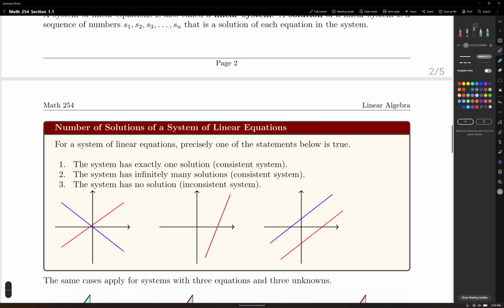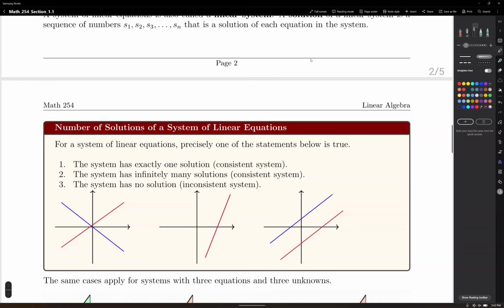That means a unique solution, infinitely many solutions because they're overlapping at infinitely many points on the graph, or they never touch, never intersect. That means no solution, no point in common. Because that's what the solution of a system of equations really represents: the point in common, the point of intersection between two curves in general, but in this case between lines.